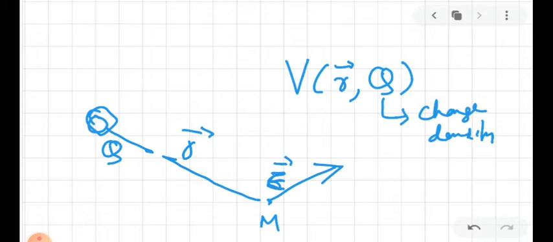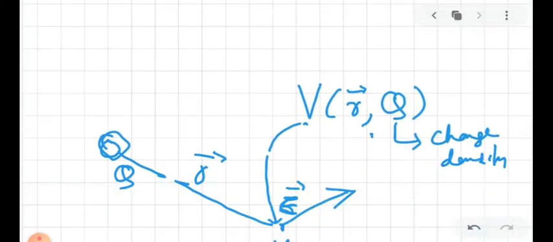So you can associate a number called the electrostatic potential here, and what does that number do?